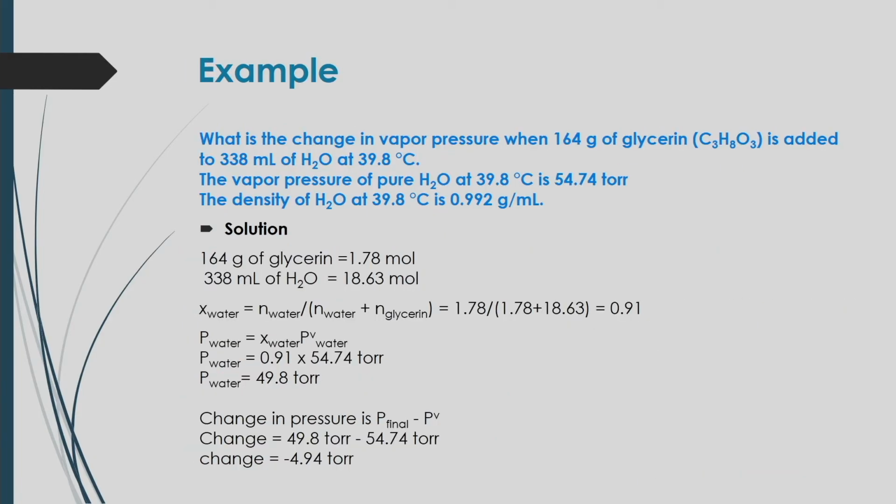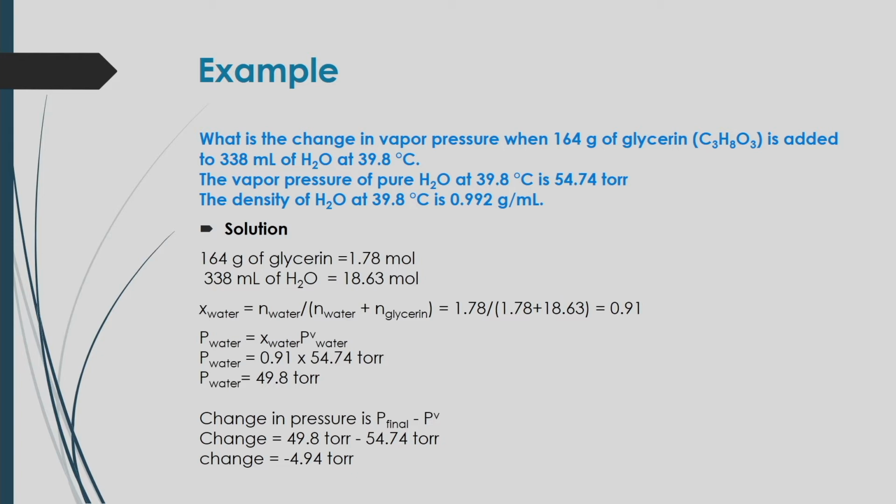Now, let us do an example here. What is the change in vapor pressure when 164 gram of glycerin is added to 338 milliliter of water at 39.8 degrees Celsius? In this case the vapor pressure of pure water at 39.8 degrees Celsius is 54.74 torr, and the density of water at this temperature is given as 0.992 gram per milliliter.